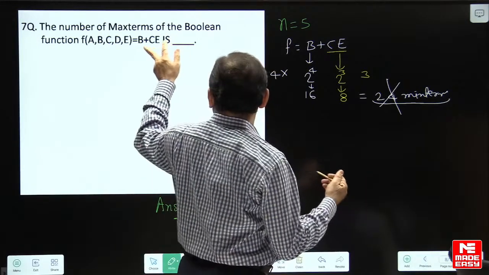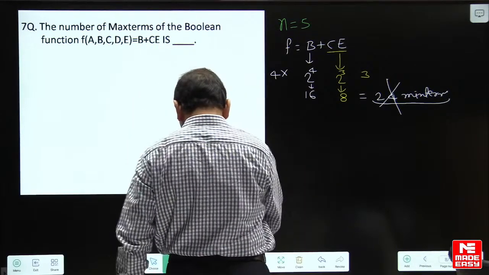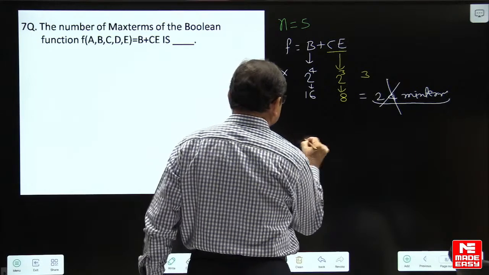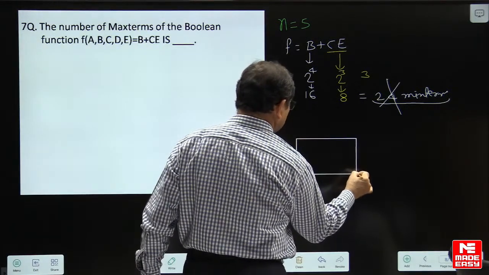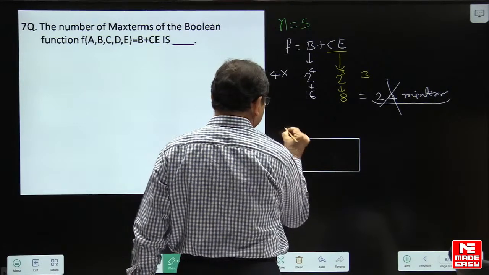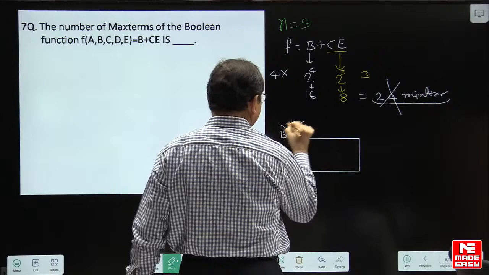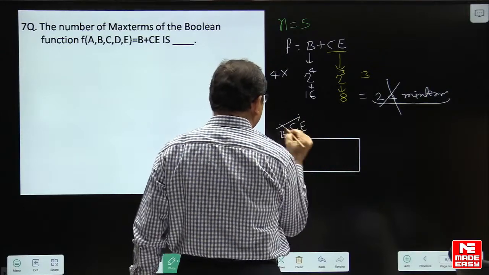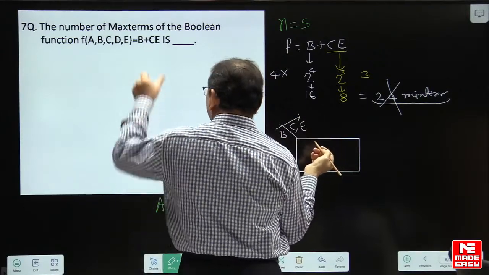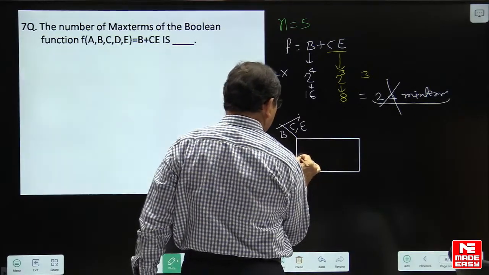The expression we are looking at is B or CE, just 3 variables, so we can use a 3 variable K-map. It is B, it is CE, right? So in this 3 variable K-map, let us look at this SOP expression. How many combinations are the minterms?